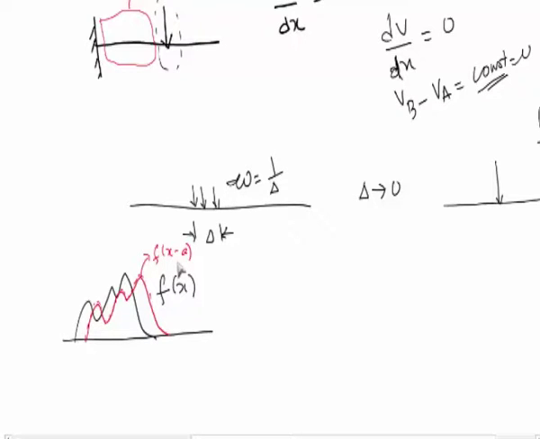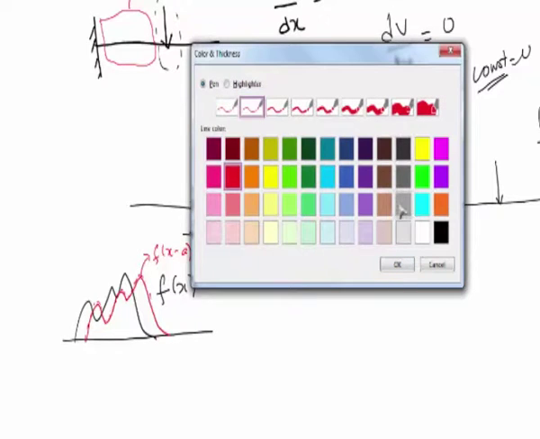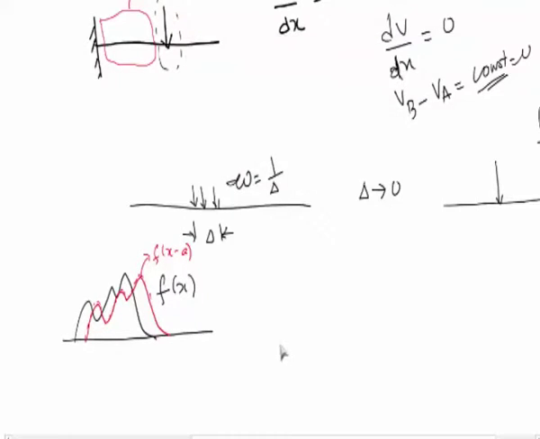Right. Now in the next step I would like to use this analogy for delta of x. We have defined that delta of x is a point load, something which looks like this. So this is delta of x.